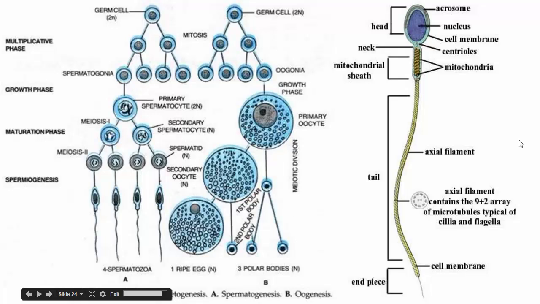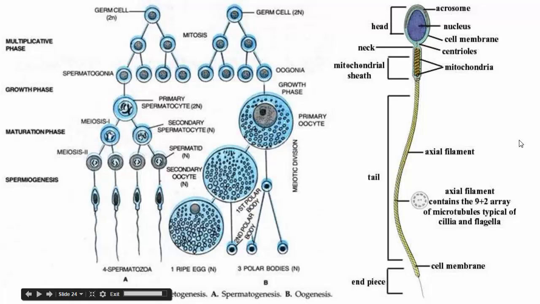The chromosomes, the genetic material found here in the head of the sperm in the nucleus, are very condensed, surrounded by a cell membrane. Then you have this area which contains mitochondria.